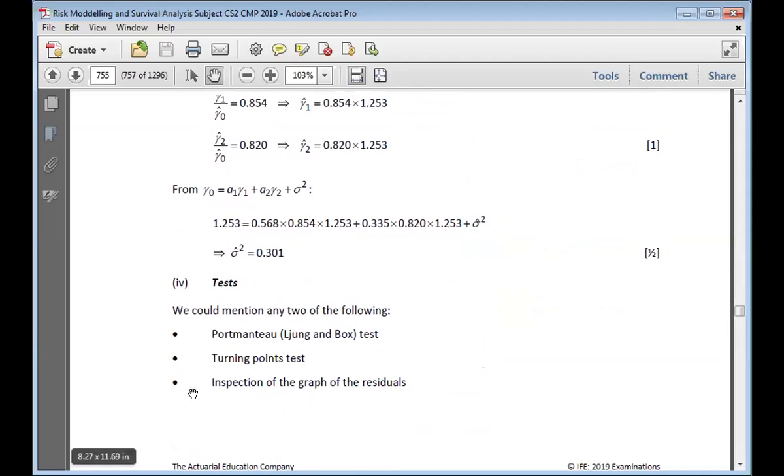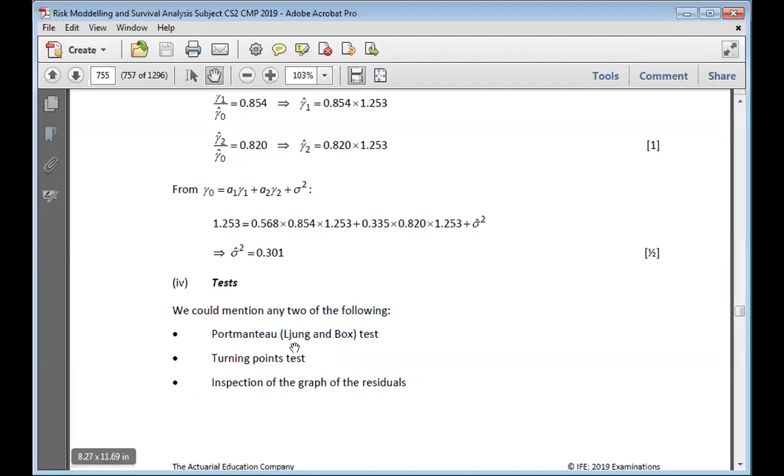And the fourth question just asks you to list some statistical tests that you can apply to the residuals once you fit a time series model. So this forms part of the diagnostic check of the model that you have fitted, whether it's a correct model or not, or is there some relationship which is still there, which you can exploit and put a variable to.